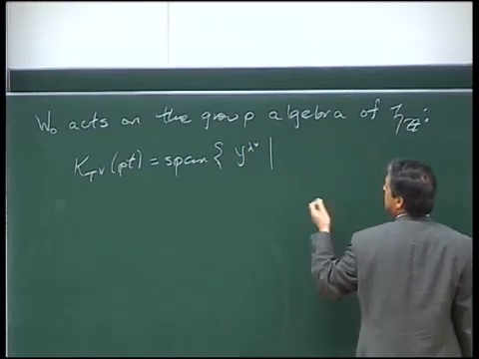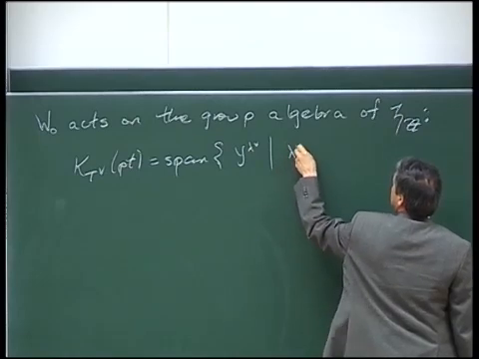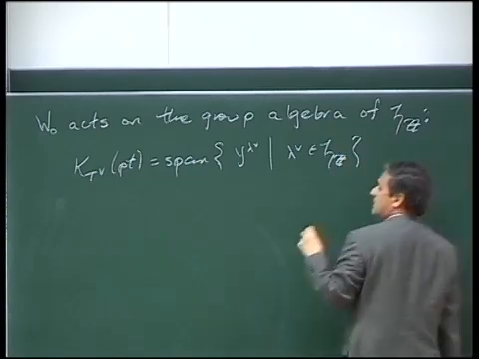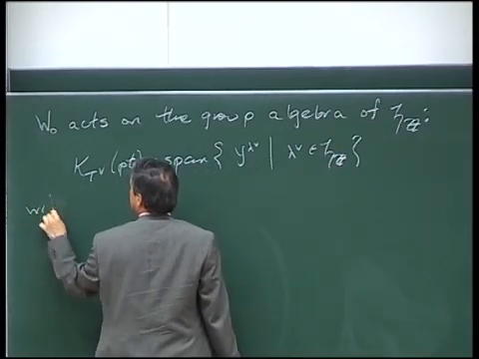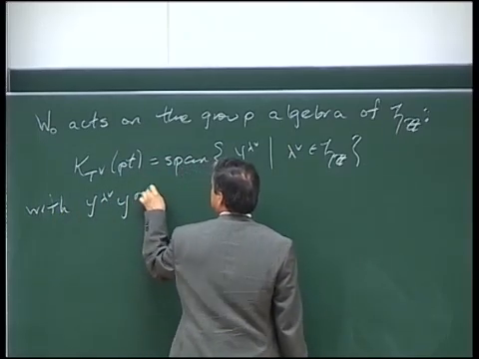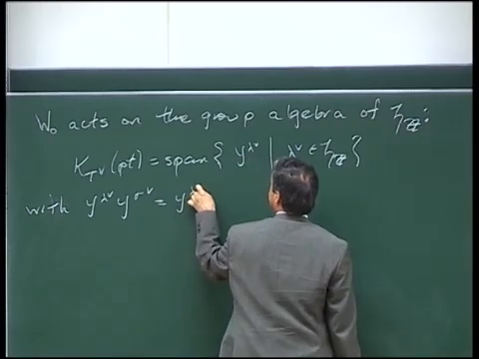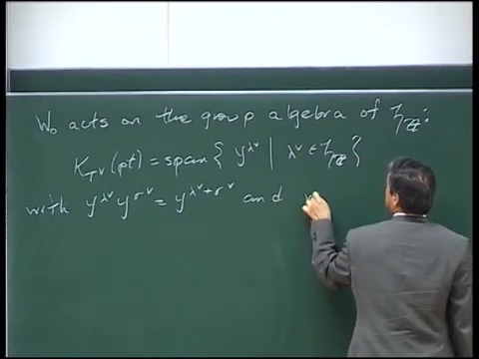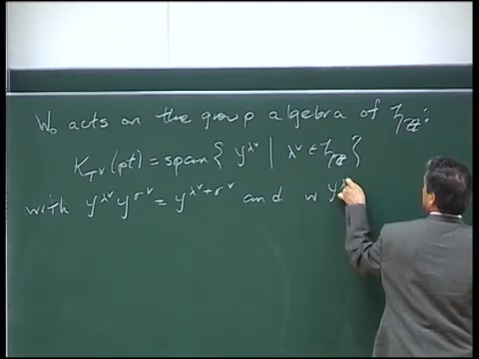So it's spanned by basis elements y to the lambda check, with product given by the addition in the lattice in the vector space, and action given by just the action on the lattice.